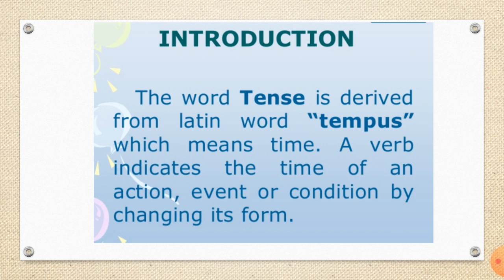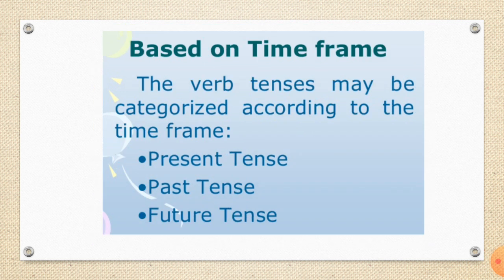There are three main tenses in English based on time frame. The verb tenses may be categorized according to the time frame, like present tense, past tense, and future.